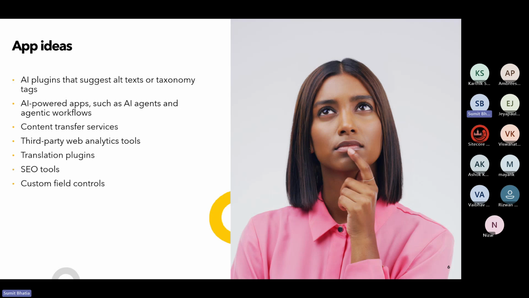You can create translation plugins to manage multilingual content, web analytics integrations for tracking performance, or SEO tools to improve search rankings, and custom fields like color pickers or icon libraries. And I'll show you a custom field also using these apps. So in short, build something that makes Sitecore smarter, if you are presenting to your client, and also fulfills your client's needs.